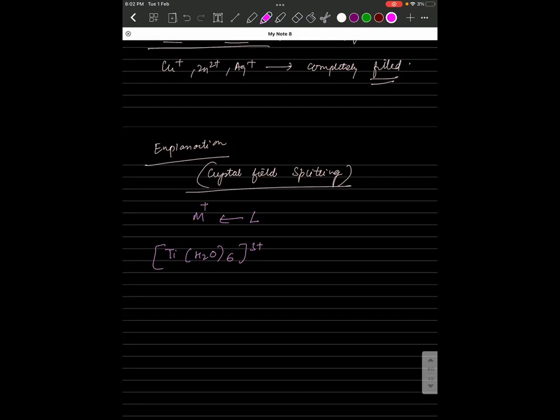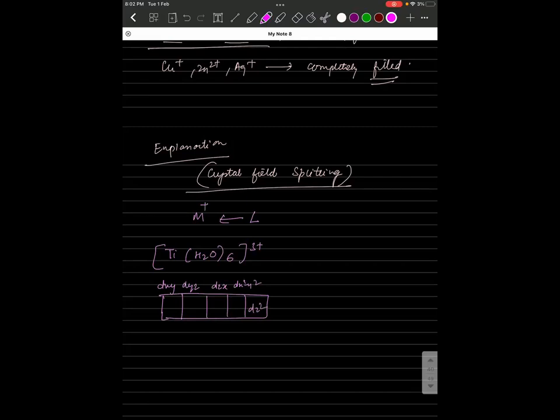the energies of the 5 d orbitals do not remain equal. Initially we have these 5 d orbitals of same energy, they are degenerate. This is dxy, dyz, dzx, dx square minus y square, and dz square. So initially they are at the same level.